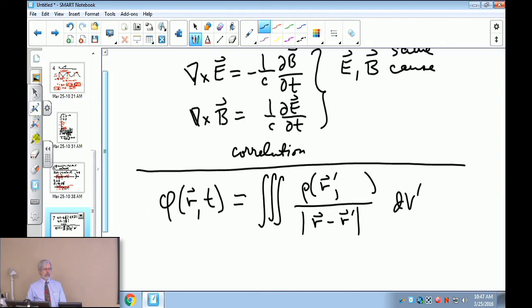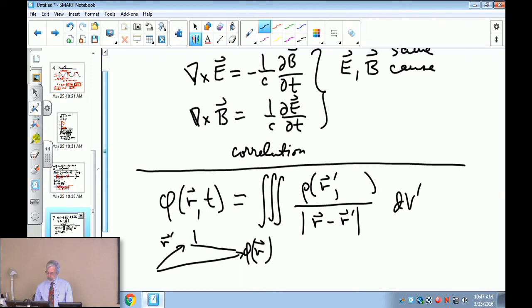The influence is weakened by 1 over the distance between those two places. If the source is here at r prime and I want to know what phi is over here, then I have to know the distance between them, and in fact it's weakened by that 1 over the distance.